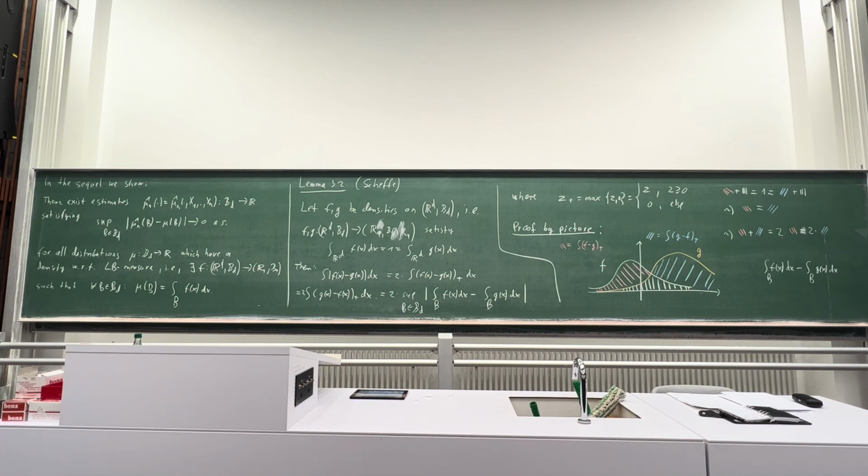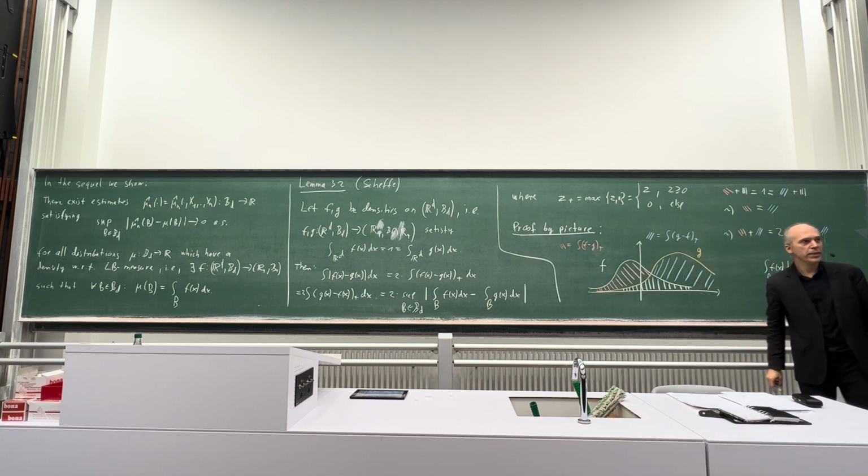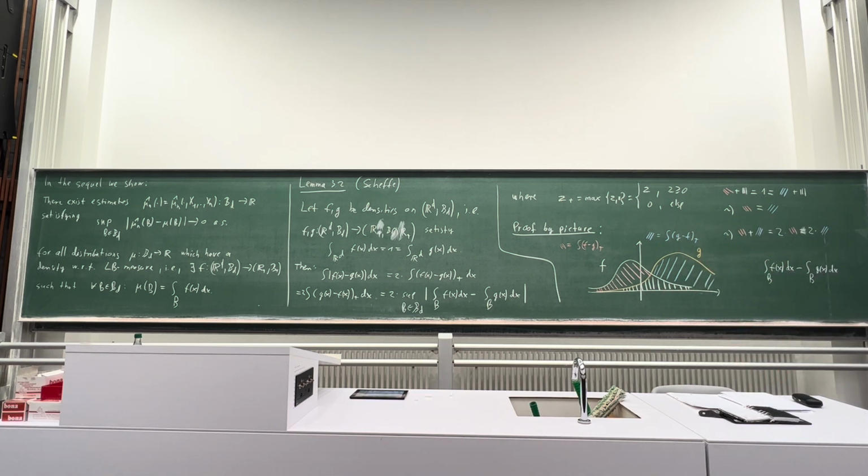If you look at this, this is just the integral over some set B of f of x minus g of x. So somehow on the x-axis you mark some set B, and then you integrate f of x minus g of x on this set. Then you see what is the maximum value which you can get.